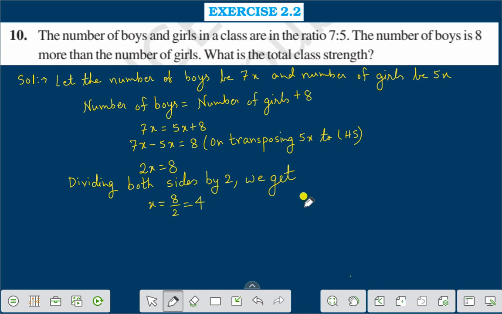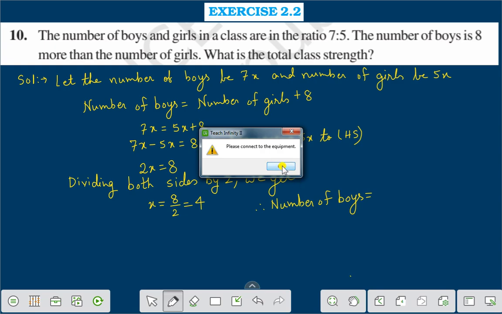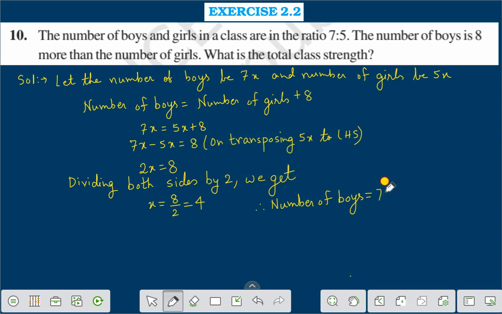Therefore number of boys is equal to 7x, that is equal to 7 into 4. 7 4s are 28, right?